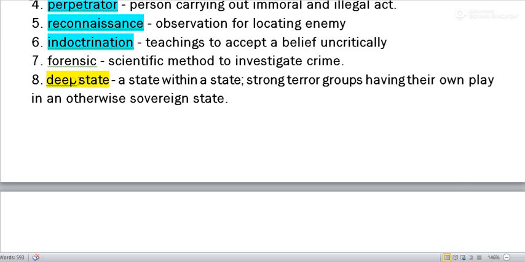Here in this passage, it has been used for the terrorist group of Pakistan who have their own state of law, own rules and own actions which they govern by themselves, and the government of Pakistan is unable to tackle that.